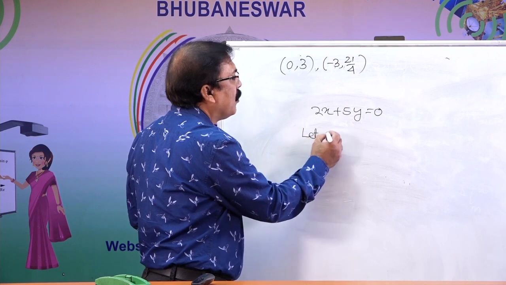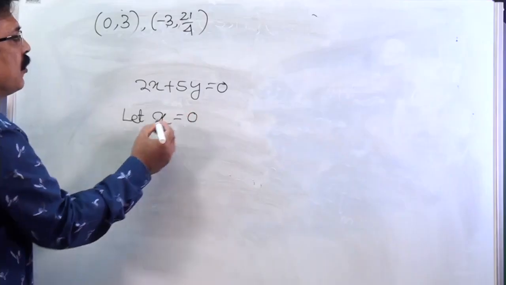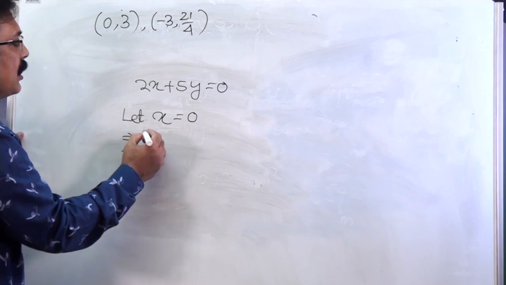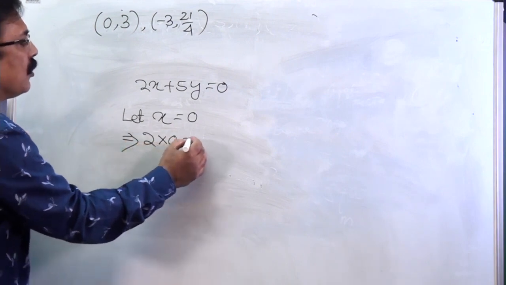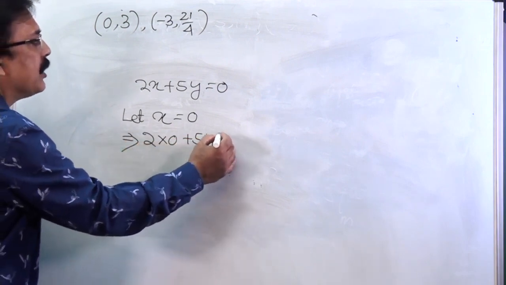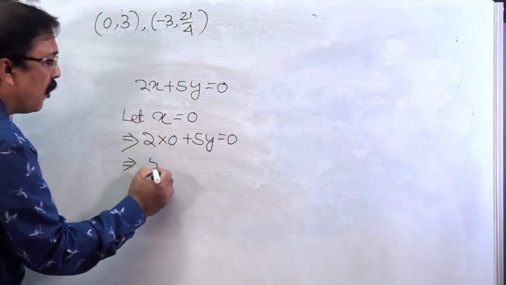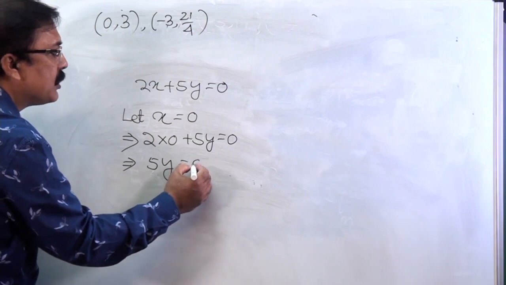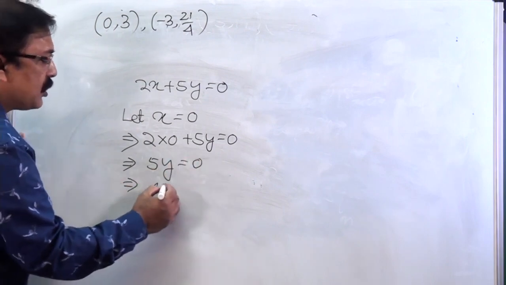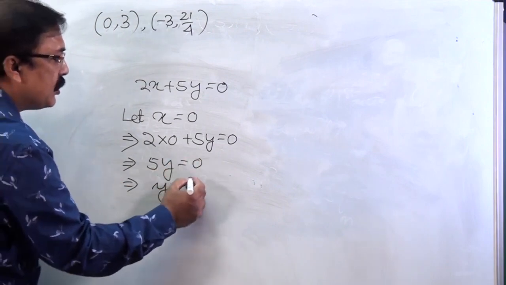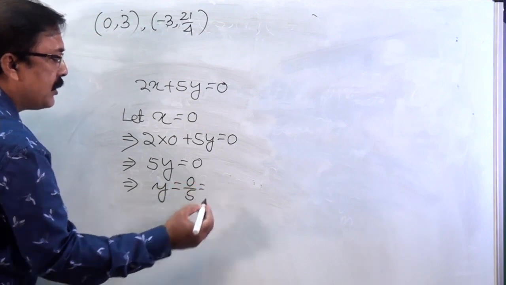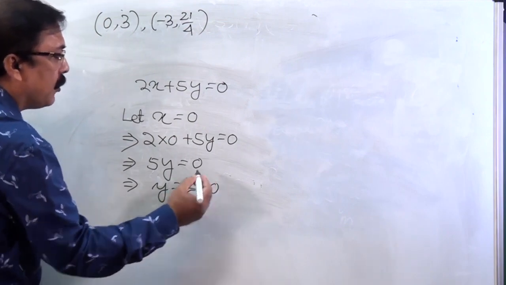If we put the value of x as 0, then what happens? See, 2 into 0 plus 5y is equal to 0. 2 into 0 gives 0. So 5y becomes 0. That means y is 0 by 5, that is 0.